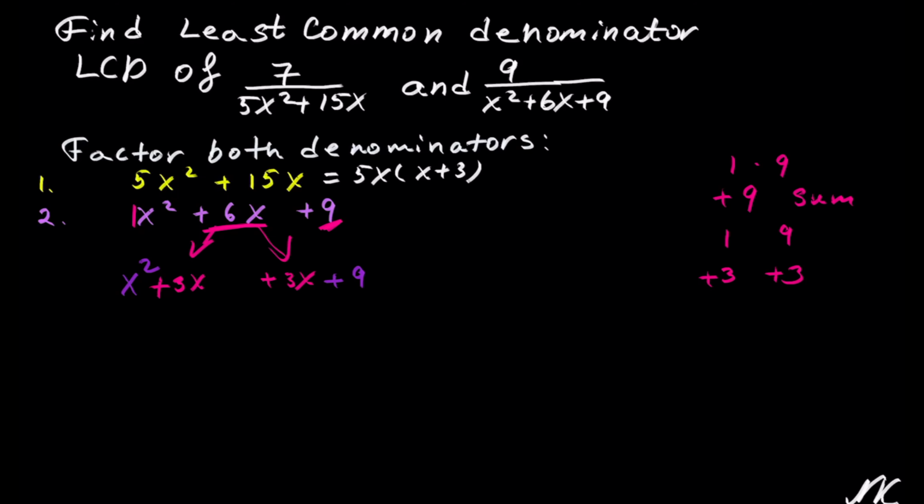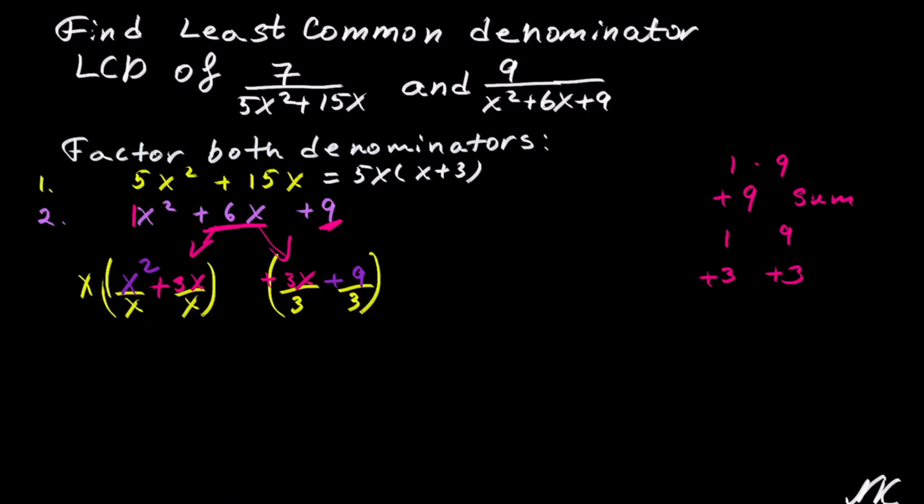Now we can factor by grouping. From the first two terms we can take out x, because x goes in evenly into x squared and into 3x. And whatever goes into the denominator goes on the outside. From the second pair of terms, we can take out 3, because 3 goes evenly into 3x and 9.